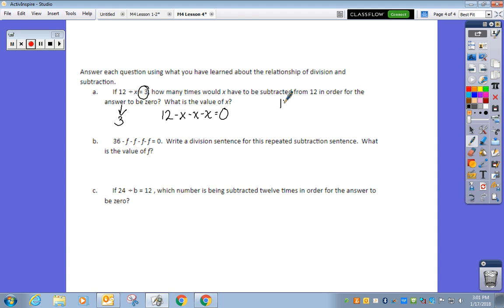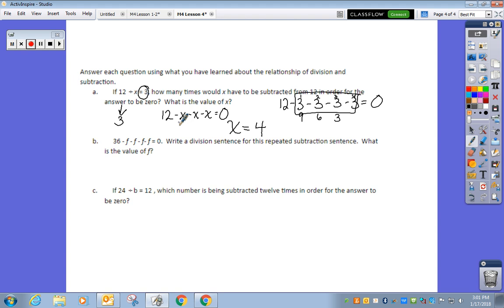I can repeatedly subtract 3 from 12 until I get to 0, and then count how many times I subtracted 3. So 12 minus 3 is 9, minus 3 is 6, minus 3 is 3, minus 3 gets me 0. So I subtracted 3, 1, 2, 3, 4 times, which tells me x in this case would be 4.